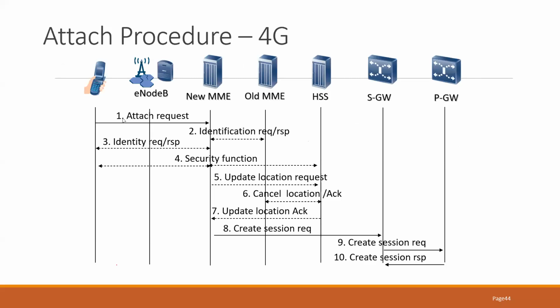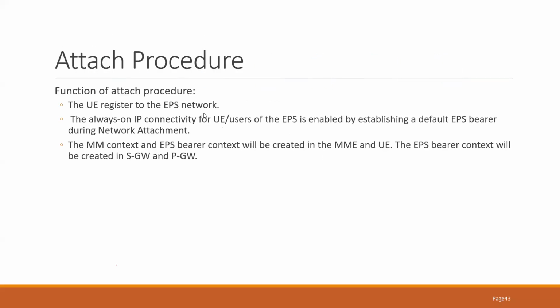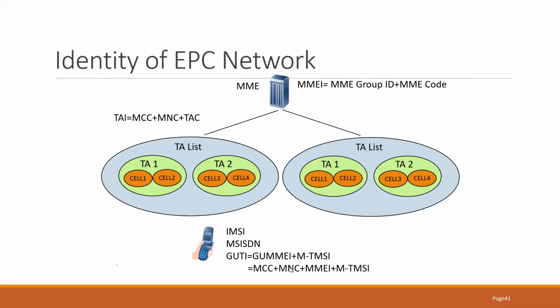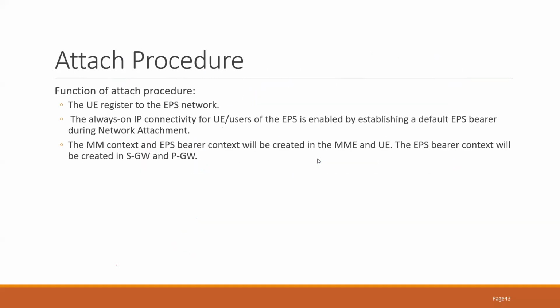So you will send an attach request. Once again, this can carry an IMSI or a GUTI. We discussed in which case you send an IMSI and in which case you send a GUTI, just like the P-TMSI. Based on the GUTI, the MME code is identified.